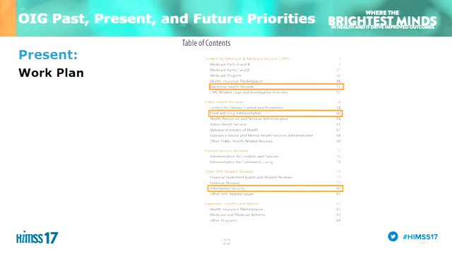We can navigate to those sections and learn a lot about OIG's current and ongoing work in connection with those topics. But we can't stop there, because if we did, we'd miss other important health IT related work. For example, our work on network medical devices, which is actually focused on FDA's oversight and operations. That's going to be found in the middle orange box here under the public health reviews in the Food and Drug Administration section.